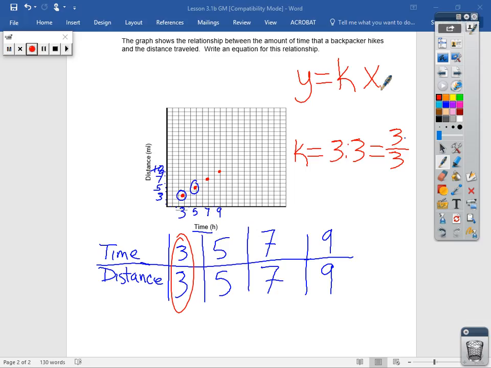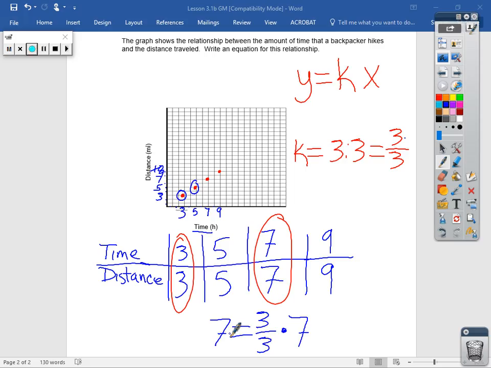So our y, we can use, which ordered pair? Let's use 7. 7 equals 3 over 3 times 7.